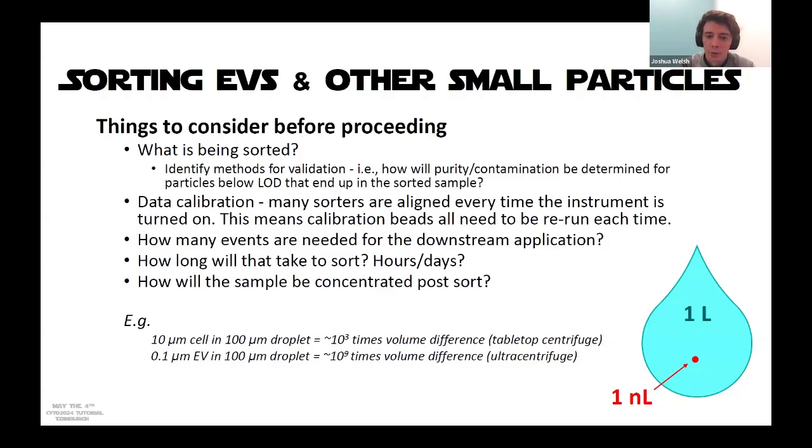It may be possible to sort subsets, and if you plan to just go and reanalyze by flow cytometry, that's maybe feasible. But for downstream assays where you need very high concentrations, with our transfection assay that we showed in a manuscript done at NIH just as I was joining, they sorted for 48 hours straight to get enough material to do a transfection assay.